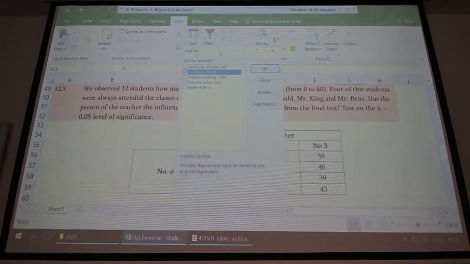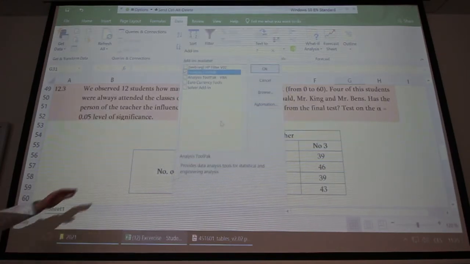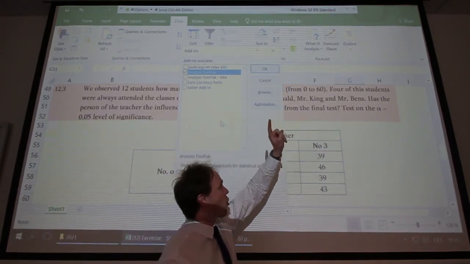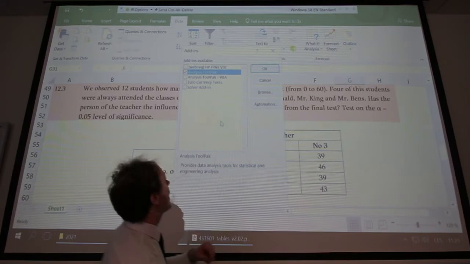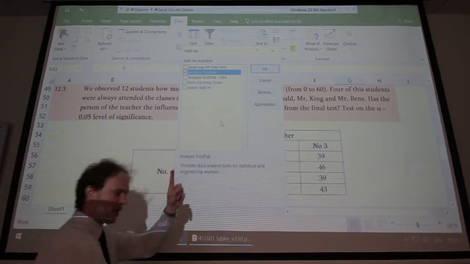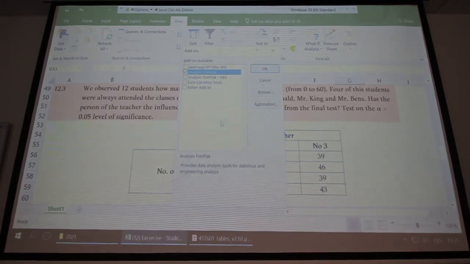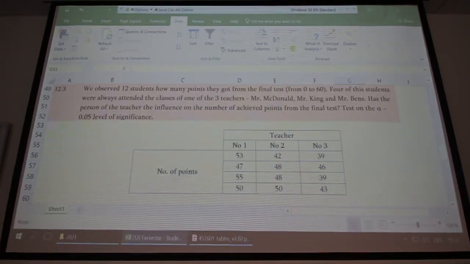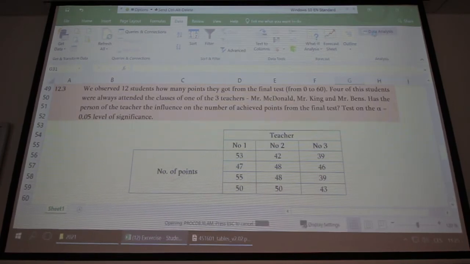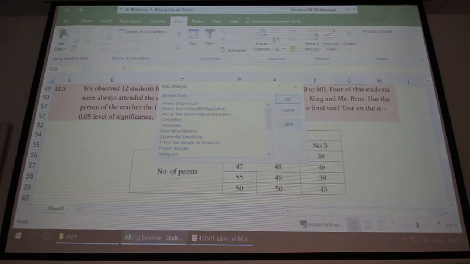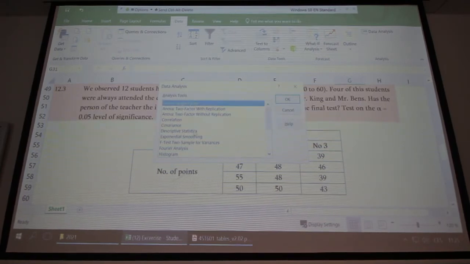And here in this small table, you will select Analysis ToolPak, click on OK, and in the right top corner of the data leaf, you will see Data Analysis. So please switch on Data Analysis ToolPak, OK, and now within a few seconds, you will see here Data Analysis, and we will find here something called ANOVA.